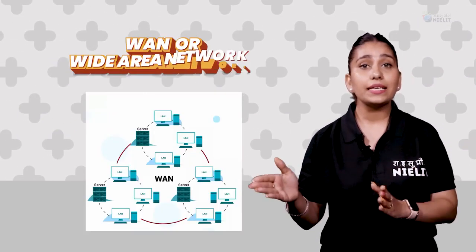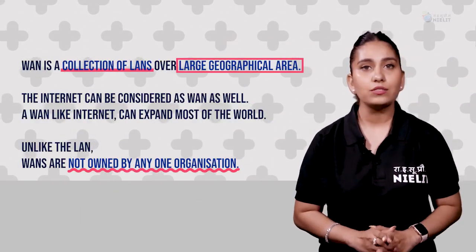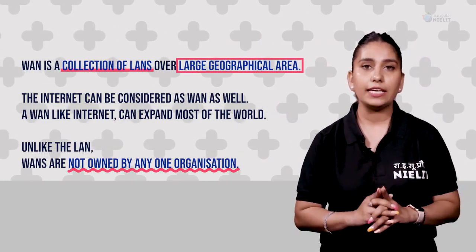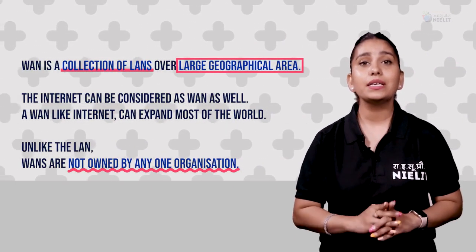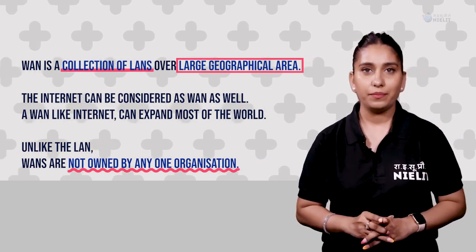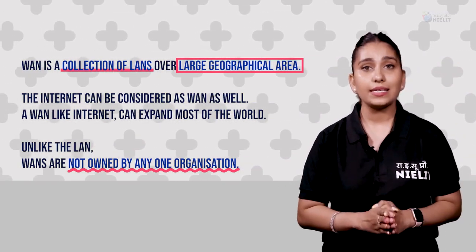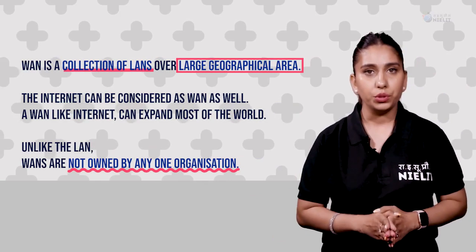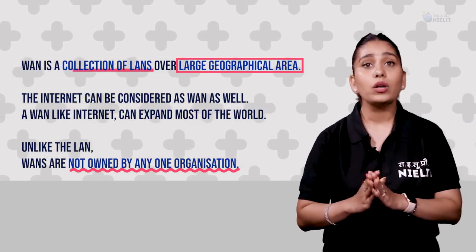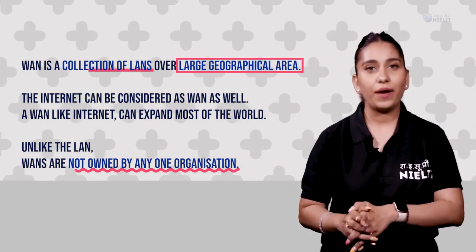WAN or Wide Area Network is a collection of LANs over large geographical area. The internet can be considered as WAN as well. A WAN, like internet, can expand most of the world. A network device called a router connects LANs to a WAN.